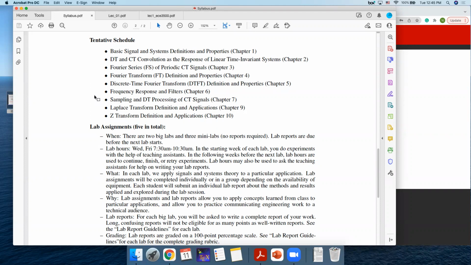It is entirely simulation based. All the lab assignments are also MATLAB simulation based. So that's why I'm proposing to move it online plus IVC.